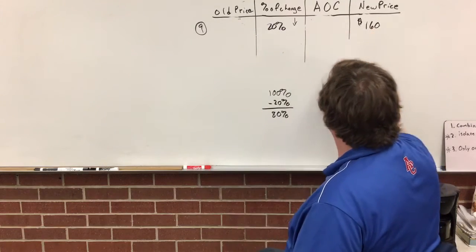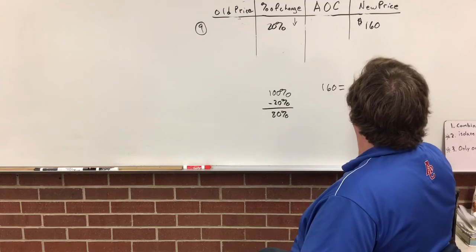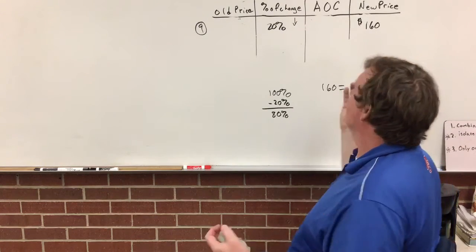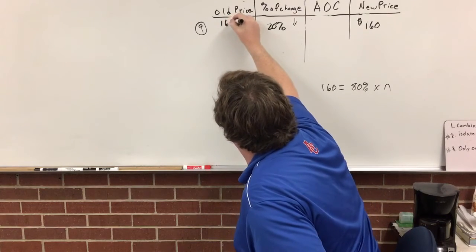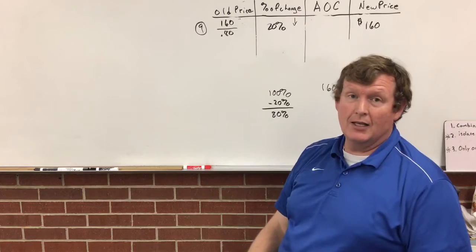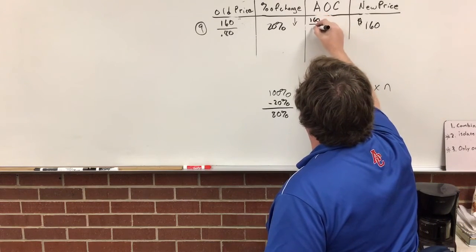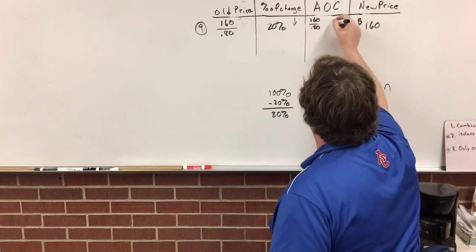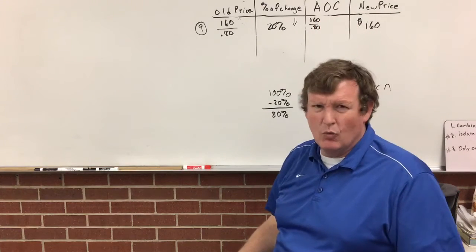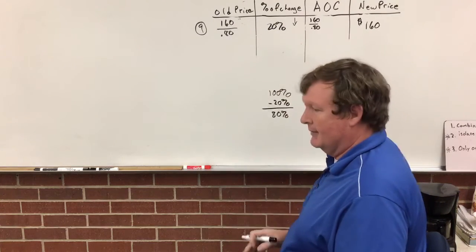So the new price is 80% of the old price. I did it wrong. You got to take 160 divided by 80%. So 160 divided by 80% will give me the old price.